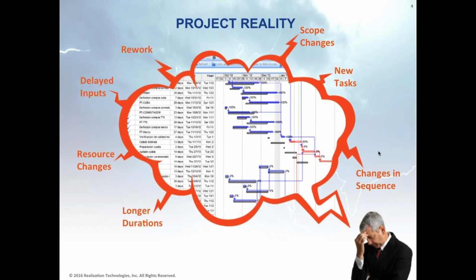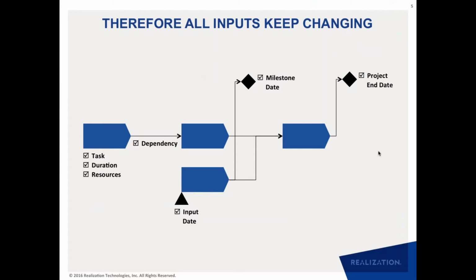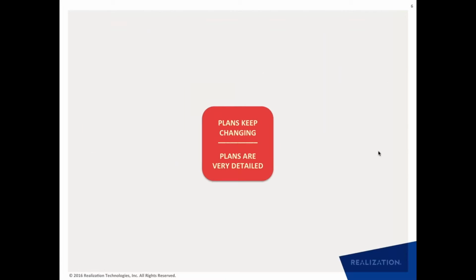The impact of all these changes is that all the data elements that comprise a project plan keep changing. They're in constant flux. And the implication is that the plans keep changing, and the problem becomes worse when you have very detailed project plans.